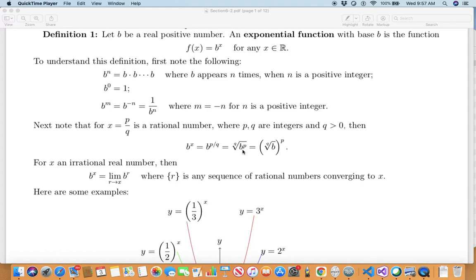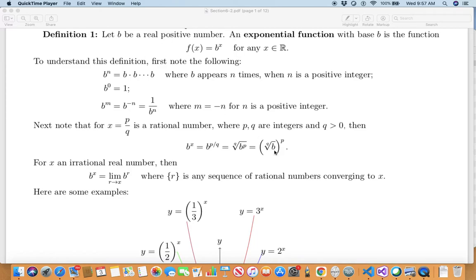You know the meaning of b to the power of an integer. That's what we defined earlier. So for b to the power p, you take its qth root. This is equal to the qth root of b, then to the power p. Now, it is important to note that with this equality we are relying on the fact that b is positive.